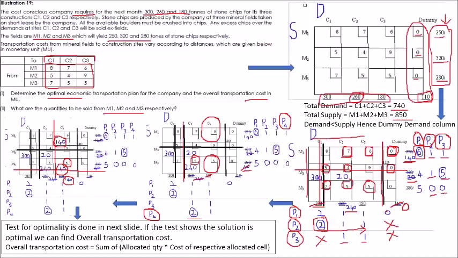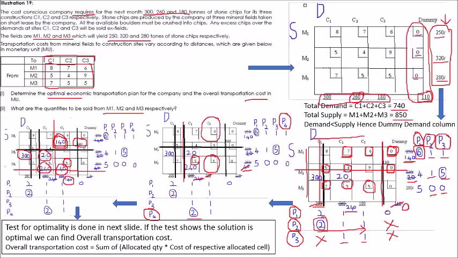So how many allocations are there, guys, in the problem? In the answer, there are allocations of 140, 300, and so on, and here you have 110 allocation.